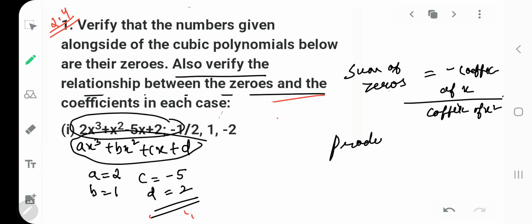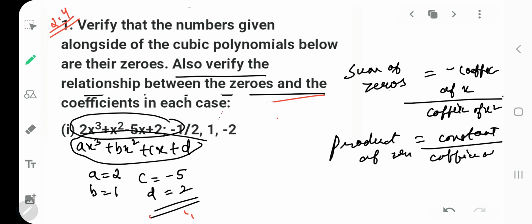Similarly, product of zeros is equal to constant term upon coefficient of x square. Yes, so we have done that.